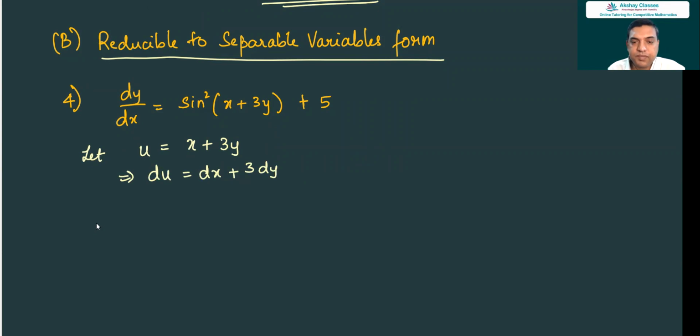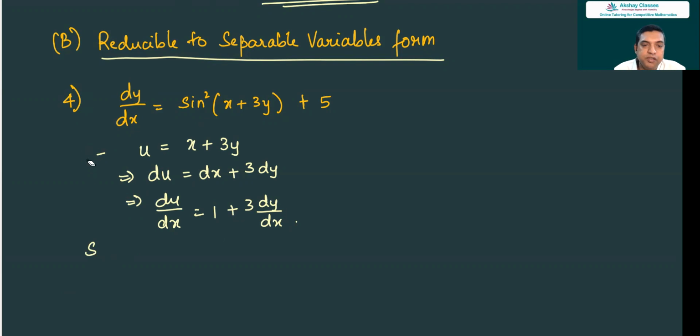So du by dx will be 1 plus 3 dy by dx. So we have done the substitution.